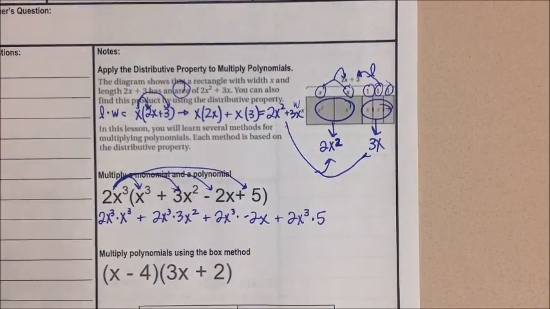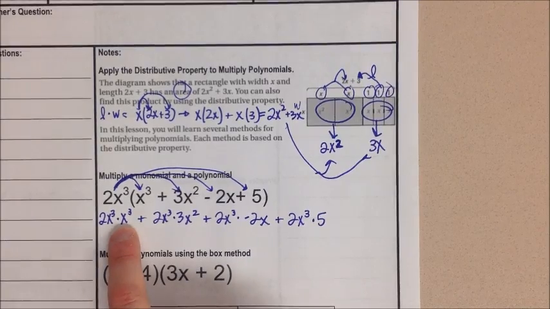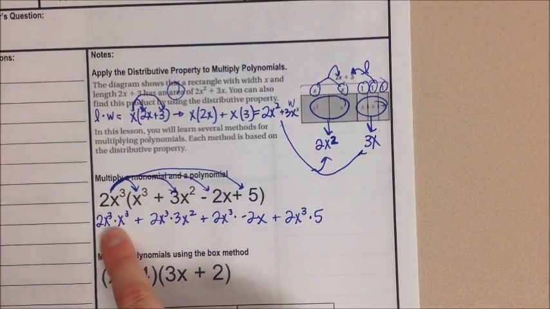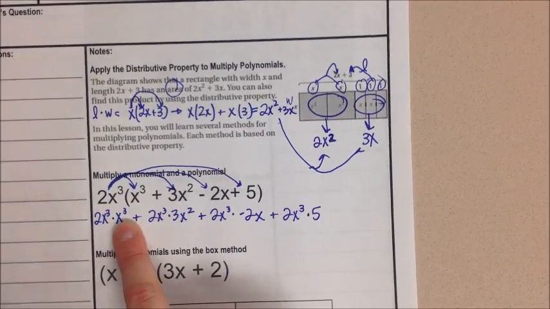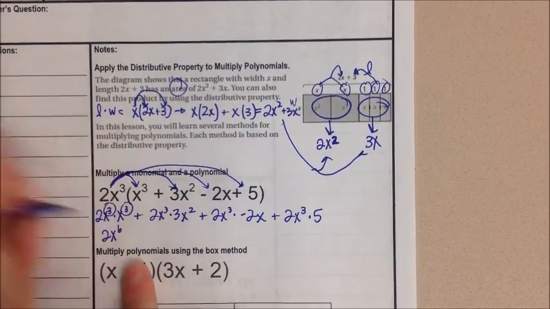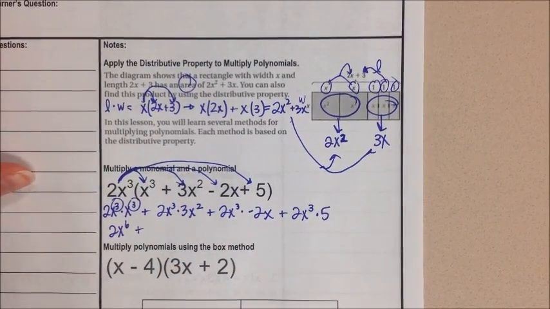And then I'm just going to simplify that. Okay, so x cubed times x cubed, well, we learned in our exponents that when I have x times x, that's x squared, but if I have x cubed times x cubed, that means I add those exponents, so that's 2x to the 6th, okay? This is why we did that section first, okay?